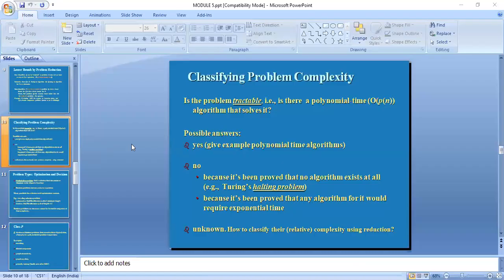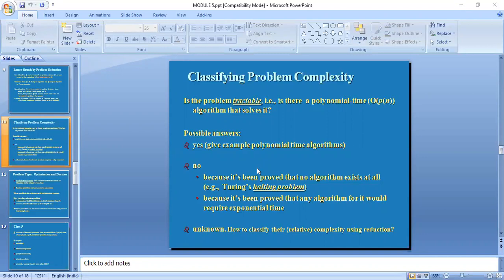Okay, so the problem reduction, once you are taking it, we are going to see with the classification of various problems. The classification of the problems emerges with different types of problems.